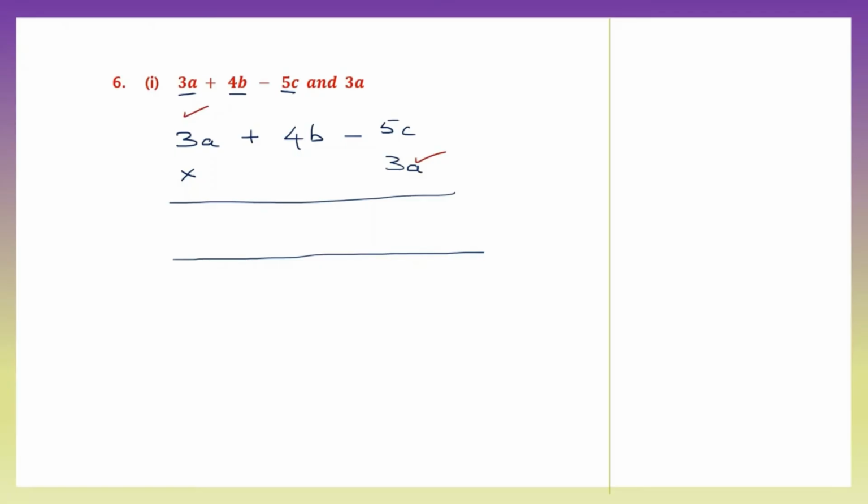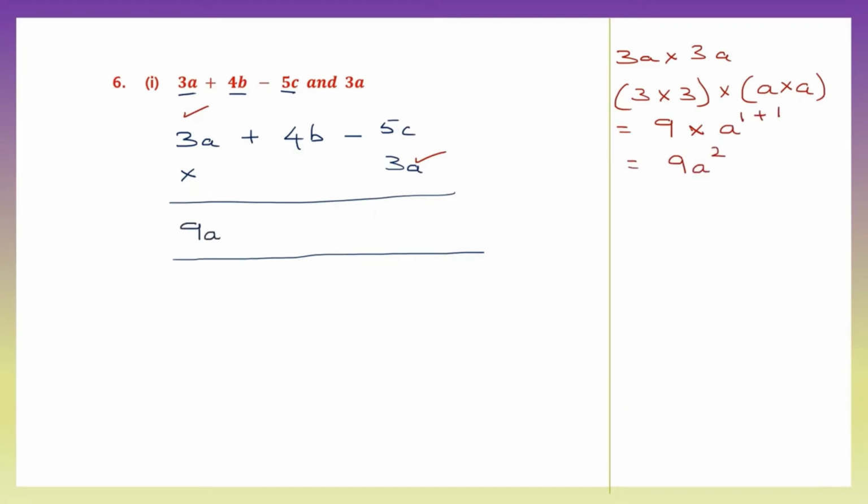So we take only the numbers 3 into 3. Now we'll take the letters a into a. So 3 3s are 9 into a to the power of 1 plus 1, which becomes 9a to the power of 2 or 9a square. So we finished with this.